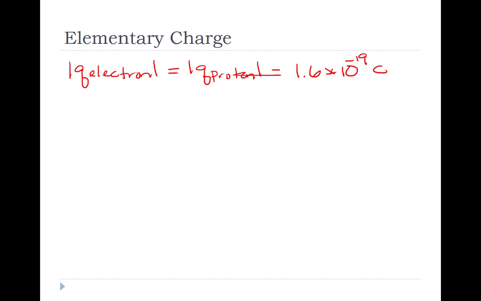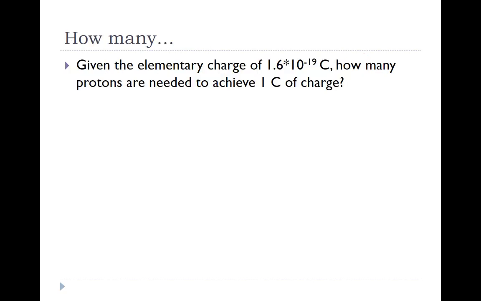So now let's think about this number just a little bit. 1.6 times 10 to the minus 19 coulombs. How many protons would be needed to achieve 1 coulomb of charge? Well, you can treat this as a unit conversion.